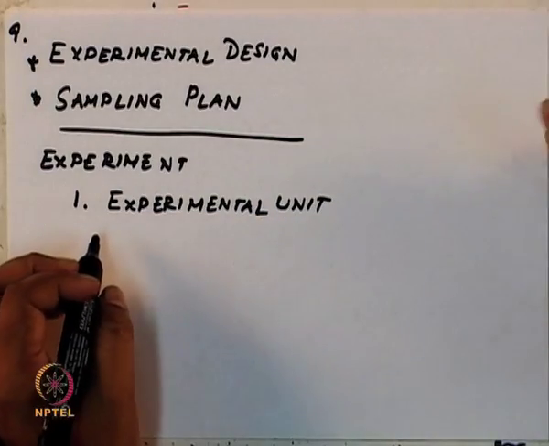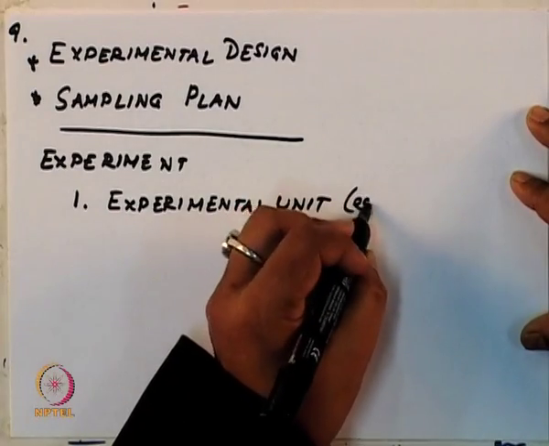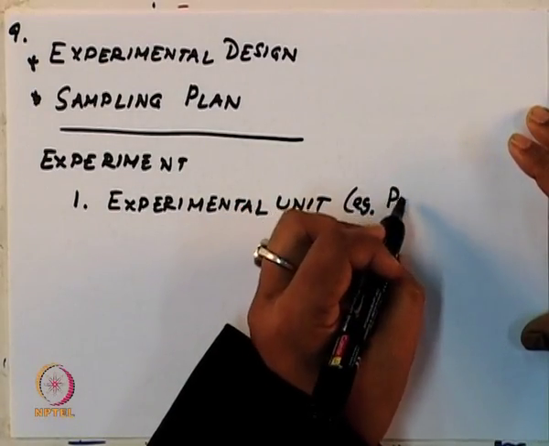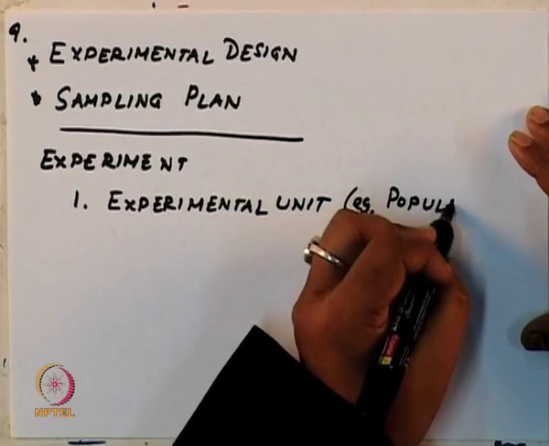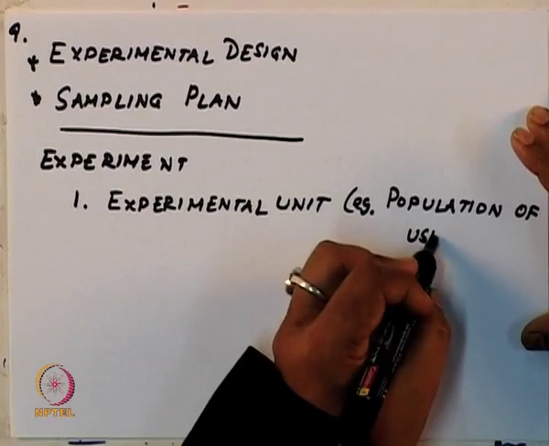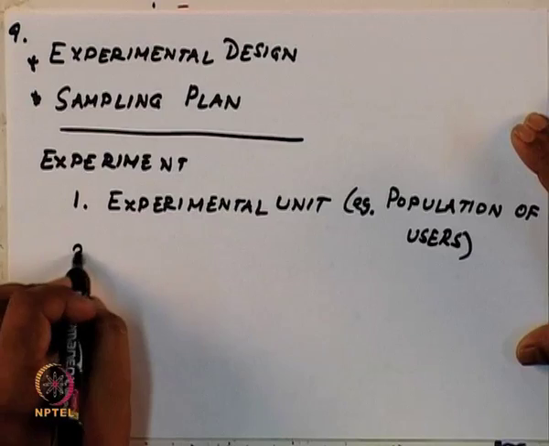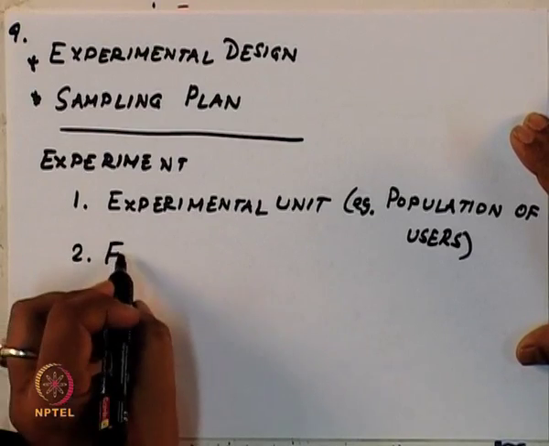For example, in the case of cell phone users, your experimental unit can be just the population of users. Second is the factor.